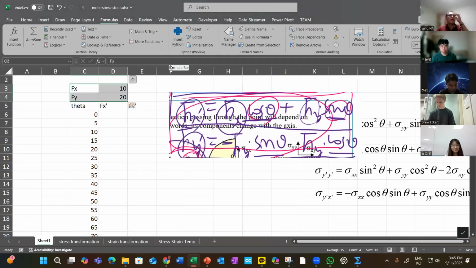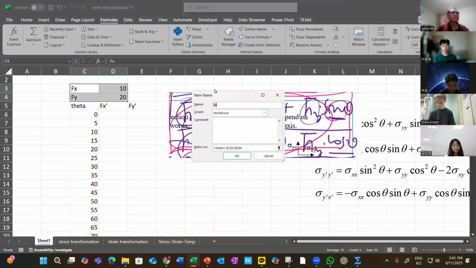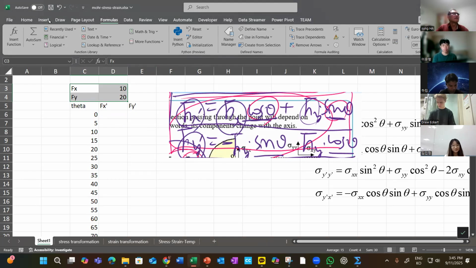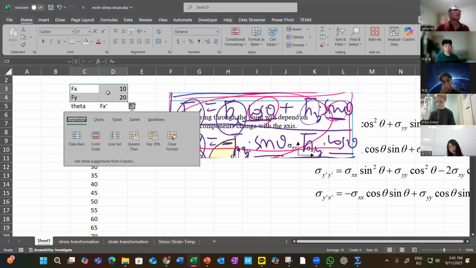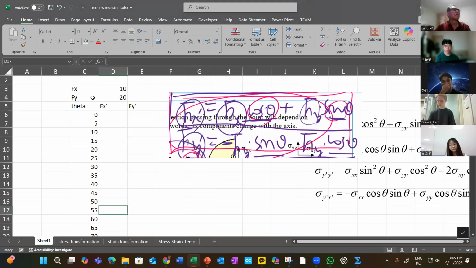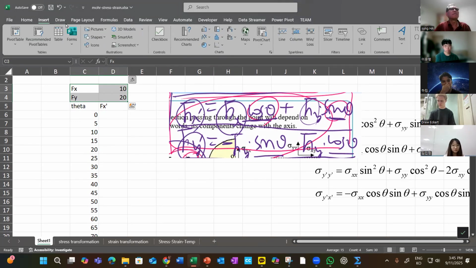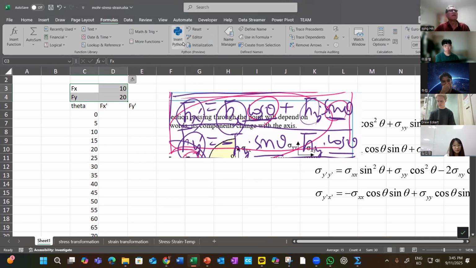You can use define name, using create from selection.